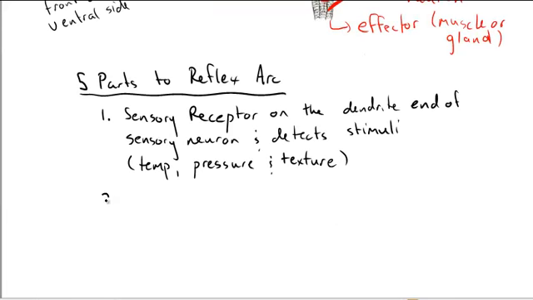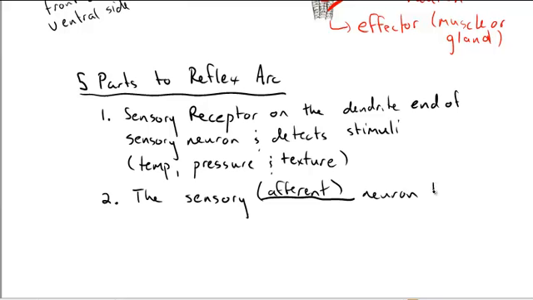It is then followed by the sensory neuron itself. What's the other word for sensory again? That's right. Afferent. That sends signal from what part of the nervous system to what part?